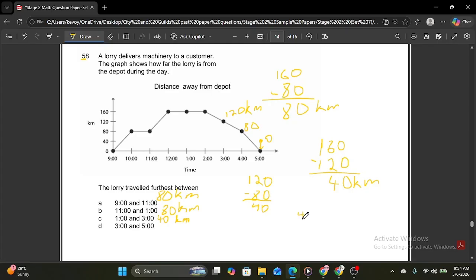So the 40 kilometers now plus 80. 4 plus 8, that's 12. So that's 120 kilometers.